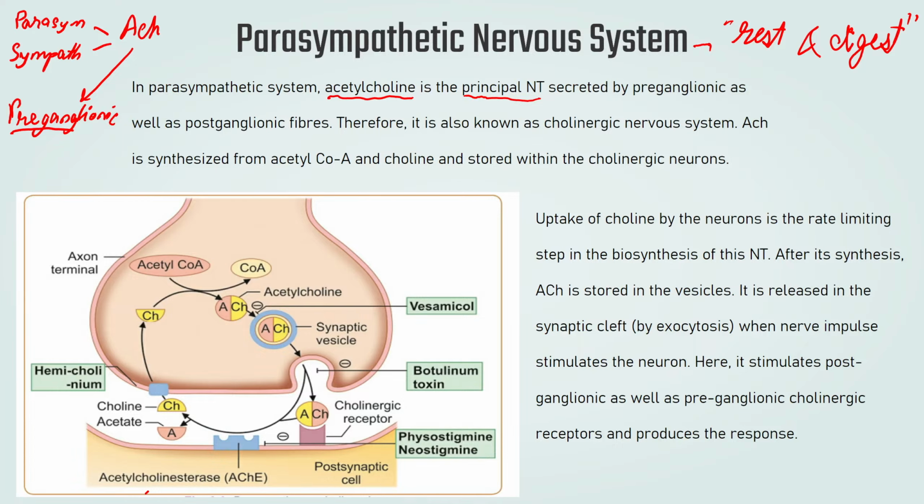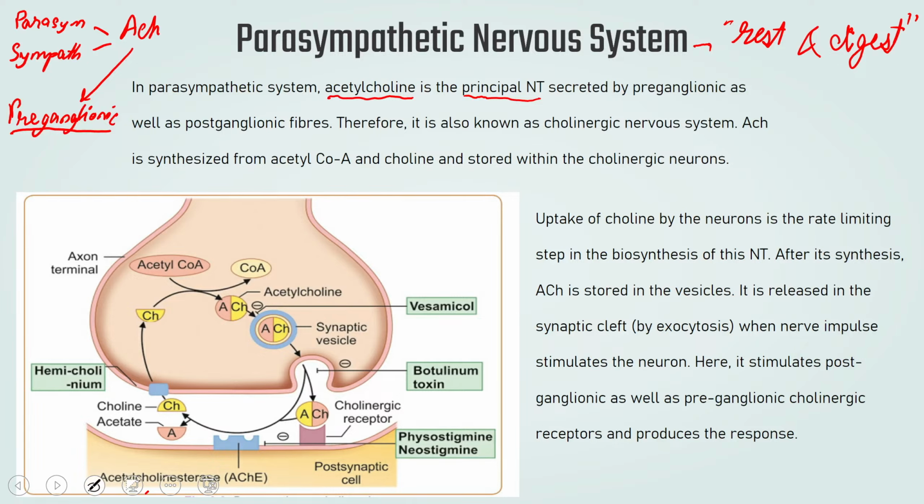The preganglionic neurotransmitter will always be acetylcholine, and then the postganglionic fiber can release either acetylcholine, or noradrenaline or adrenaline, depending upon the division of the nervous system.